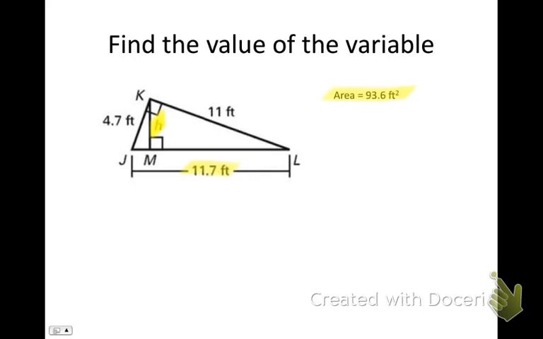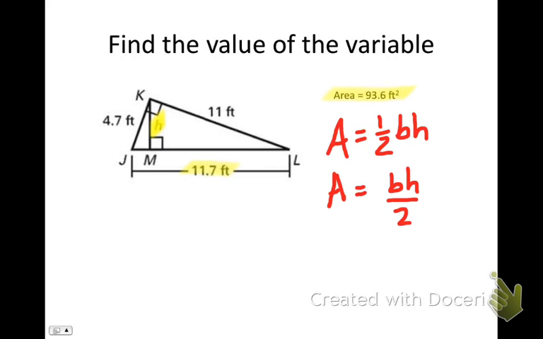So let's start with the formula. Again, we have area is equal to 1/2 base times height. Another way to write that, we said, was area is equal to base times height divided by 2. If we rearrange this, we can solve for h.